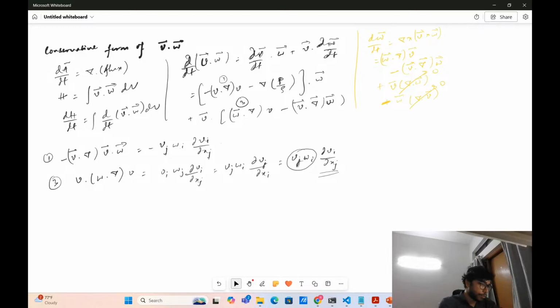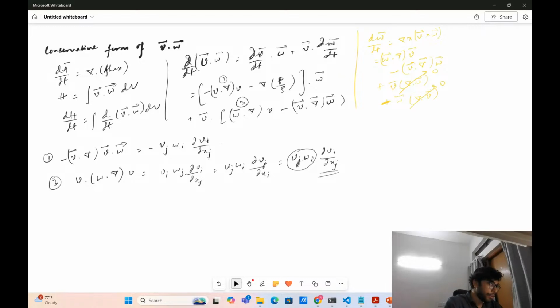So yeah, just look it up and basically why this interchange is possible. But this interchange is crucial for the cancellation of these two terms. So basically, the first and third terms will cancel with each other. Okay?